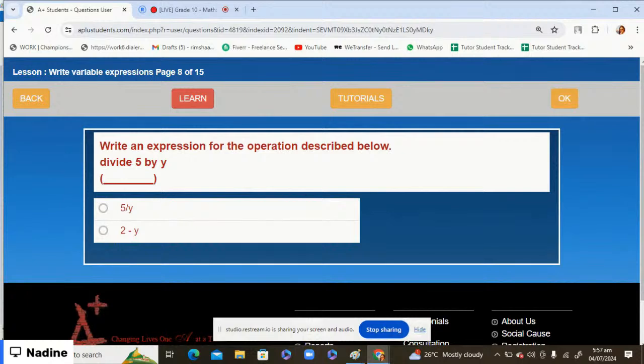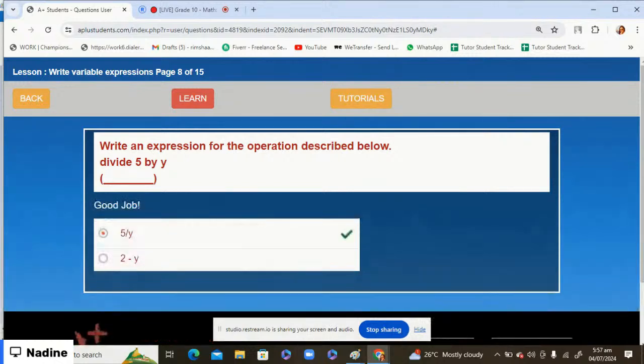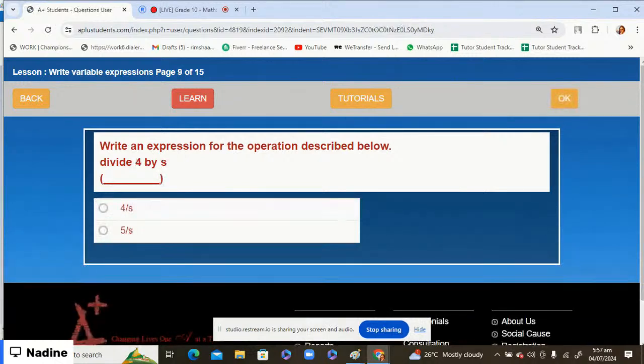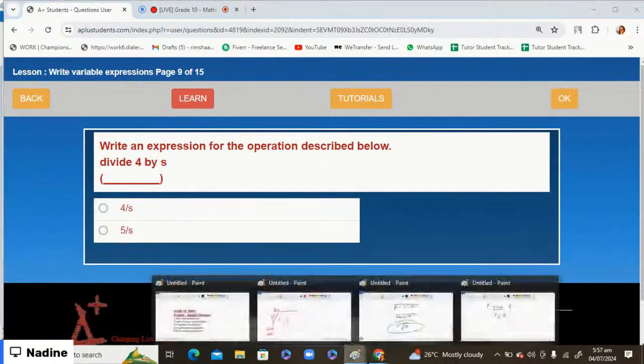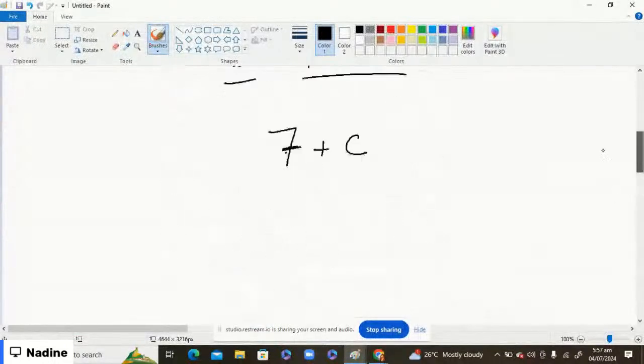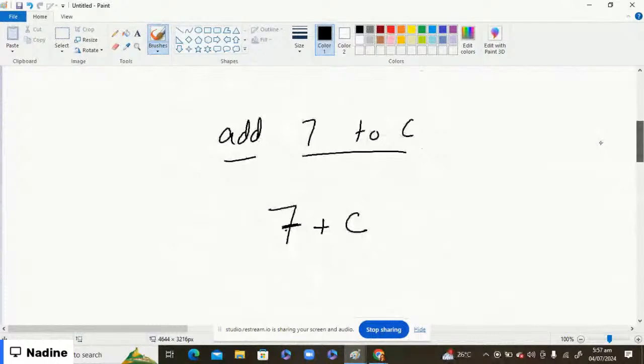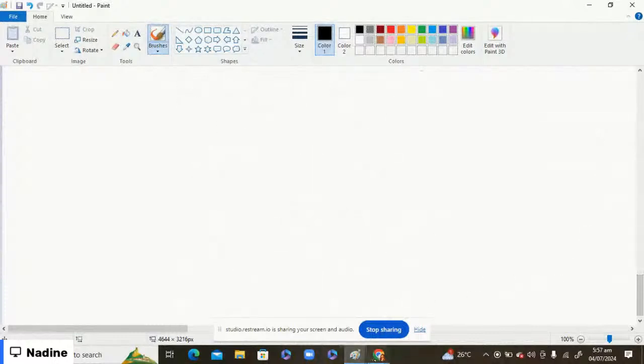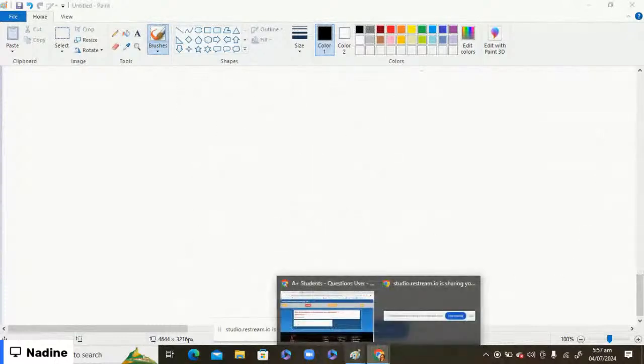Divide 5 by y, it means it's division. It's the simple thing. These are all things that you can solve with the proper method. Sometimes they say times, sometimes divided, sometimes add. Okay, now let's do it.